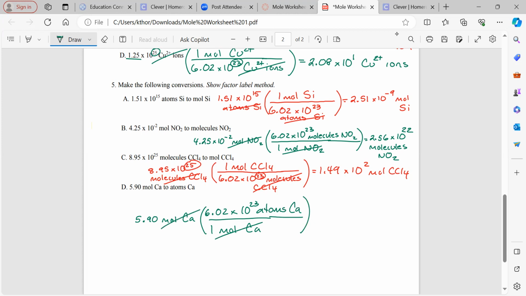This is a multiplication problem. 5.9 times 6.02. My raw answer is 35.5 times 10 to the 23rd atoms of calcium. That's obviously not proper scientific notation. The decimal needs to shift 1 to the left. It's going to be 3.55 times 10 to the 24th atoms of calcium.